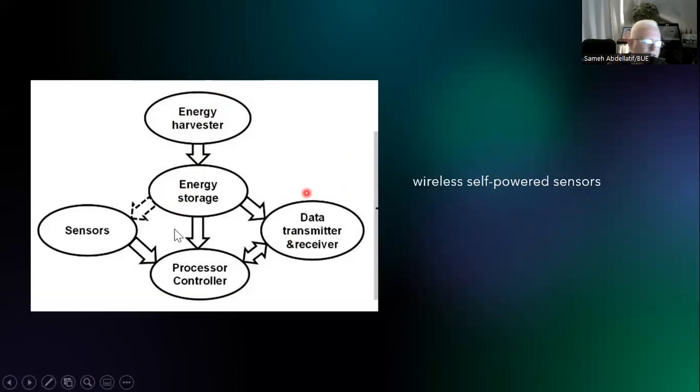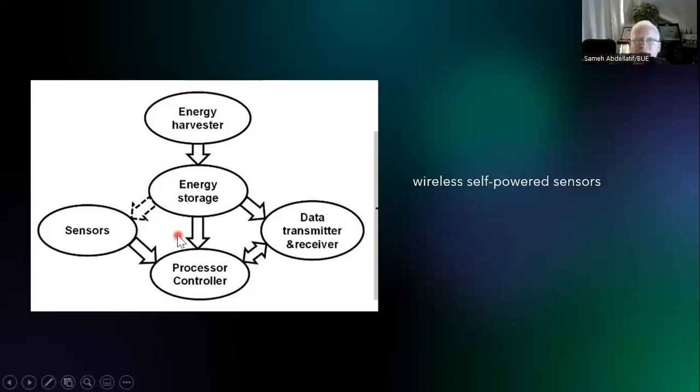And obviously, in order to have all these blocks, you have to have connecting circuits, or what we can call interfacing circuits, that interface each stage of these units to the others. For example, sensors usually sense a voltage or current on a very low scale, maybe in microvolts, microamperes, and so on.